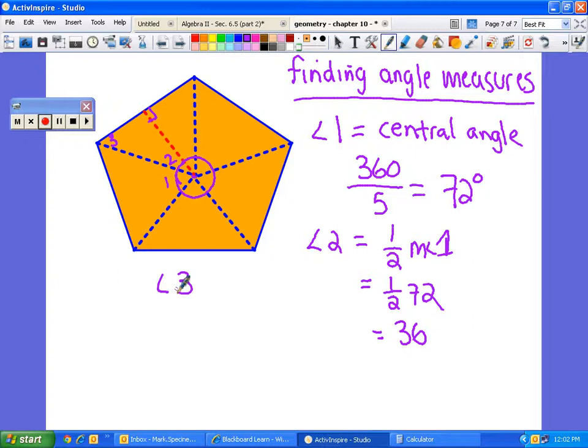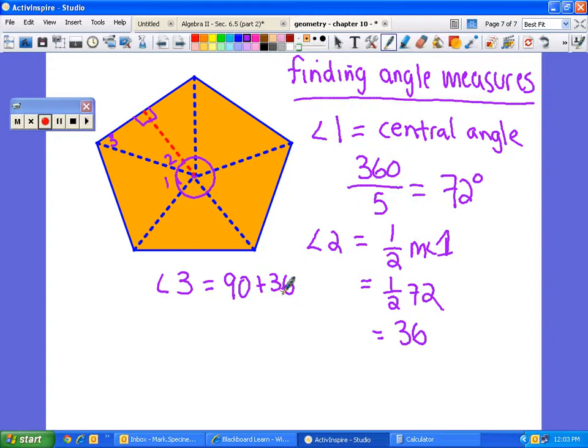Okay, now, how do we get angle number 3? Okay, now you want to add. Add 90 and 36. So we have 90 and 36. So how do we find angle 3?